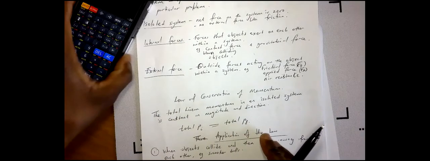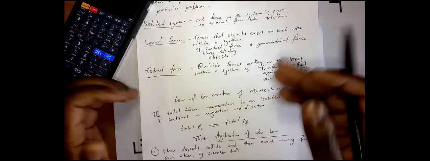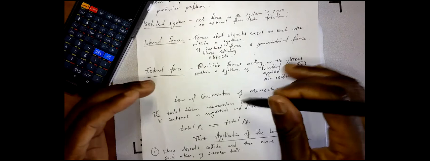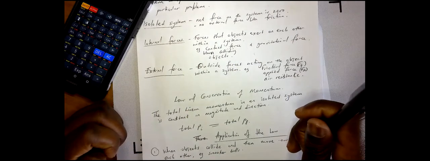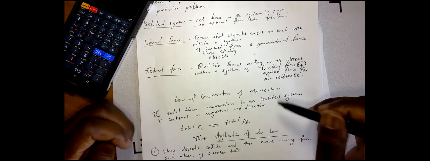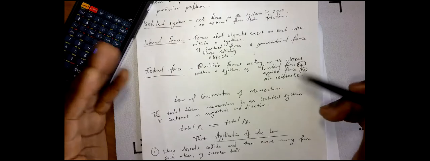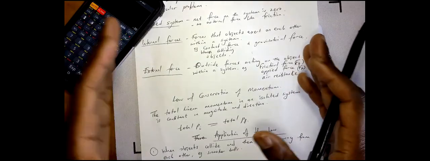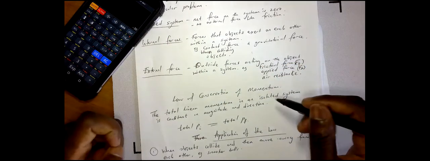Then, free fall, we'll talk about that later, but when we talk about free fall, we're saying all objects have the same acceleration due to gravity. So if you drop, in the absence of air resistance, this phone and a car from the same height, they will reach the ground at the same time, even a feather.